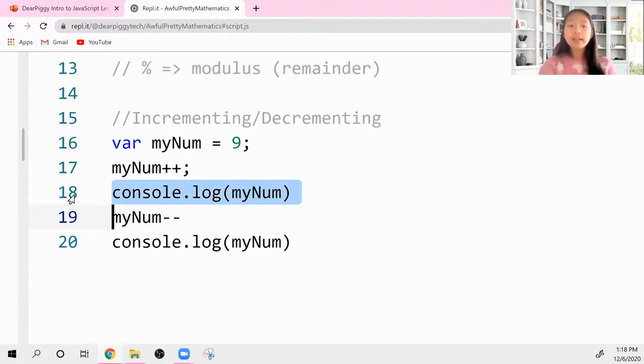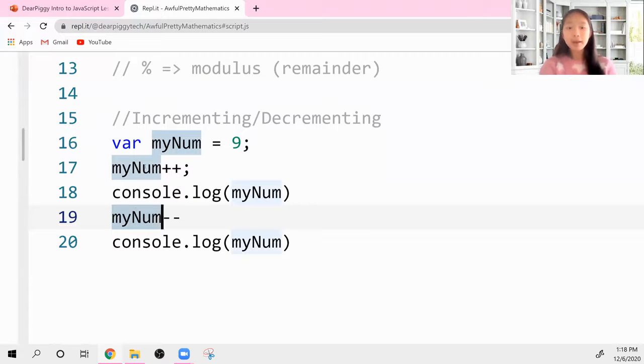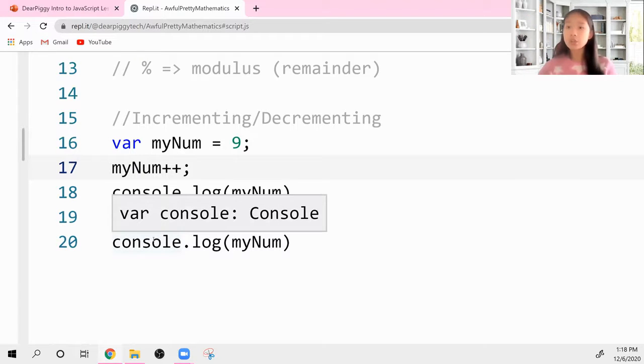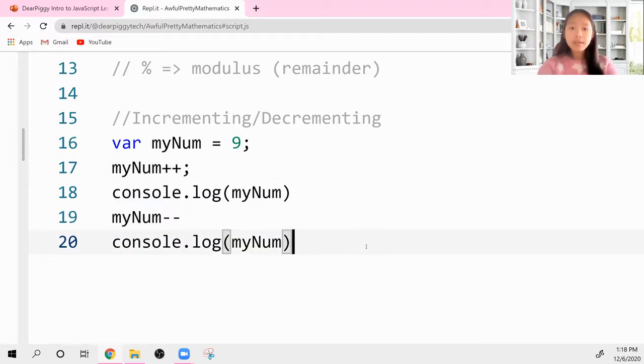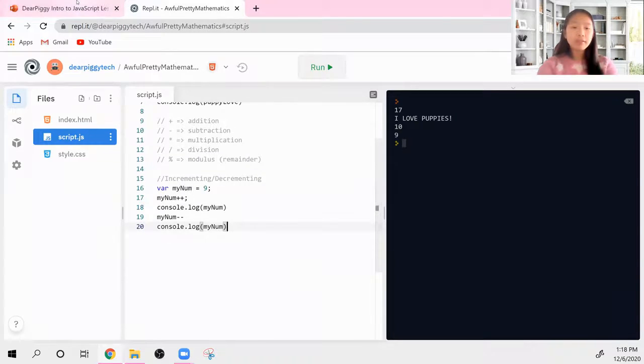But since at line 18 myNum had a value of 10, when you subtract 1 from 10, myNum is now back to 9. So myNum minus minus and myNum plus plus balance everything out. By looking through this line by line, we see that it goes in chronological order. So that was incrementing and decrementing. Pretty easy to understand, I would believe.